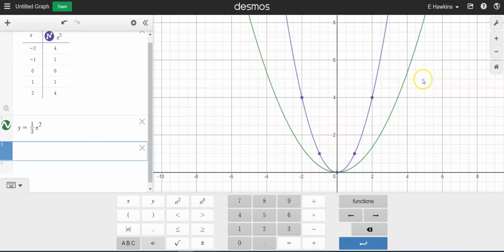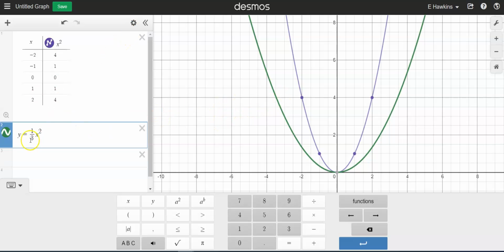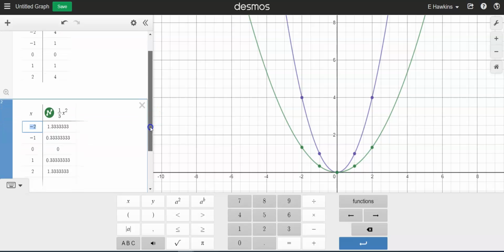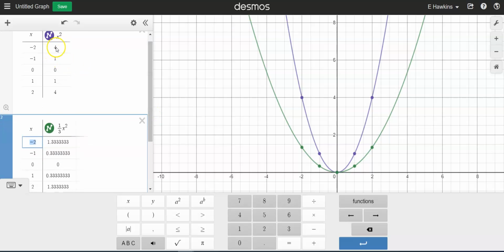Notice it's gotten a lot wider. Excuse me. And again, if we want to convert it to a table, click on it, come to the gear, the table, and again, look at our y values. They have all been multiplied by 1/3.